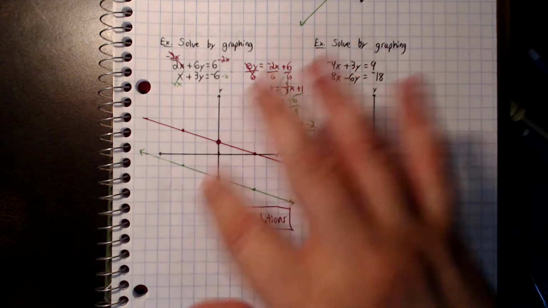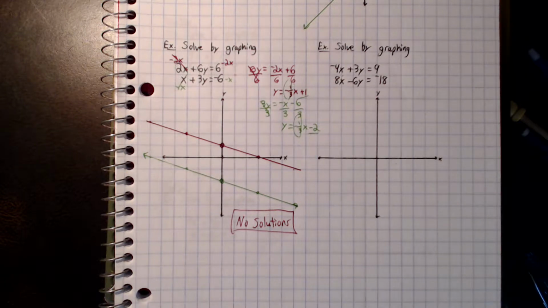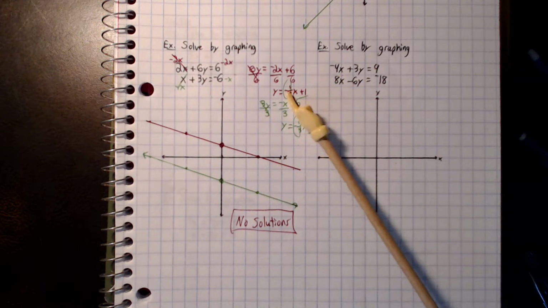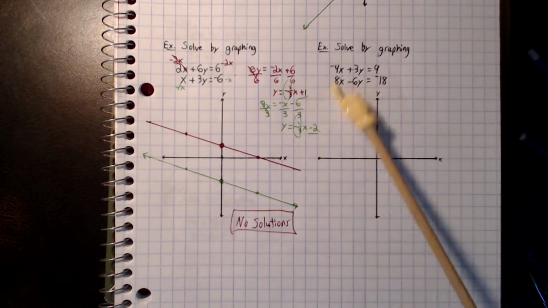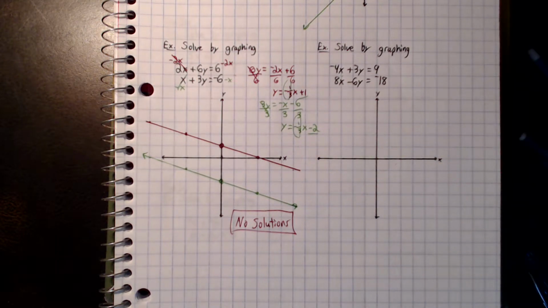There's nowhere that we can pick that will give us these solutions. It's not going to happen. They don't intersect. Okay, so that's what they look like visually, parallel lines. You can see -1/3, -1/3. Those are the same slopes, different intercepts. Let's check out what happens with infinite solutions.